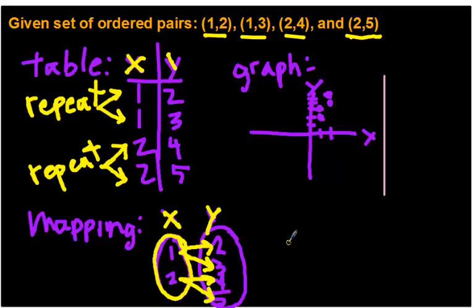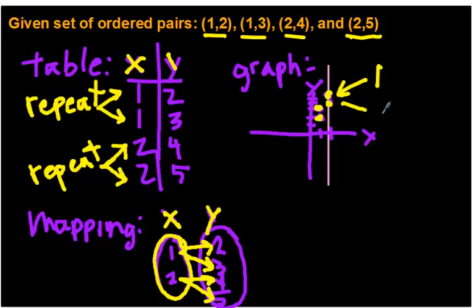If we graph these points, there is (1, 2), (1, 3), (2, 4), and (2, 5). Now the vertical line is already here, so we're going to drag it along our graph. And notice, when we get to this situation, it touches two points at once, indicating that our x values have repeated.